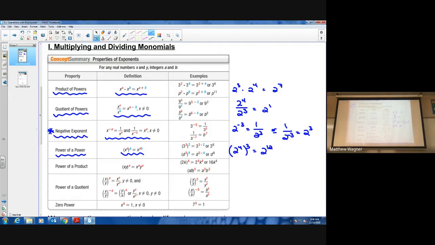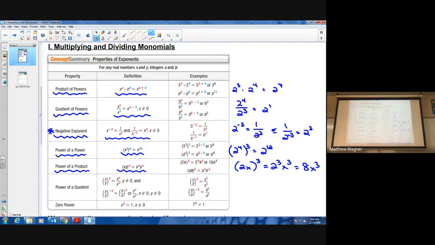All right. When we have a power of a product, this is almost like the distributive property, or that same idea where something is outside the parentheses, it gets moved to everything inside. And that's what happens with the power of a product. So if I have like 2x cubed, this becomes 2 cubed x cubed, or 8x cubed.